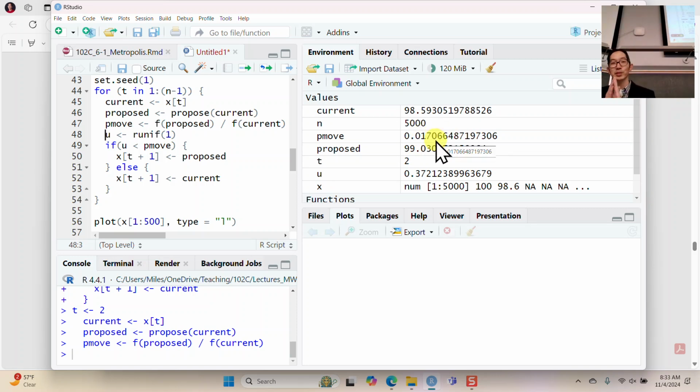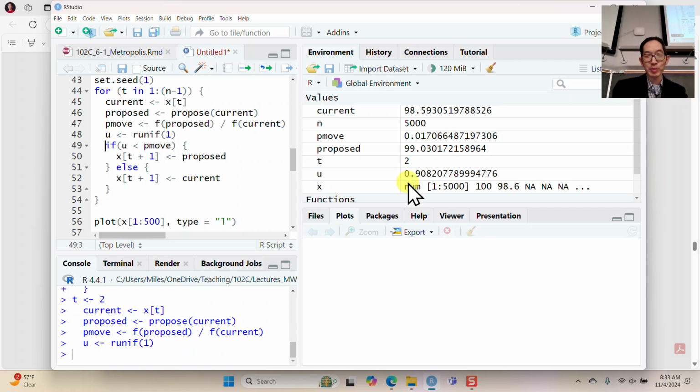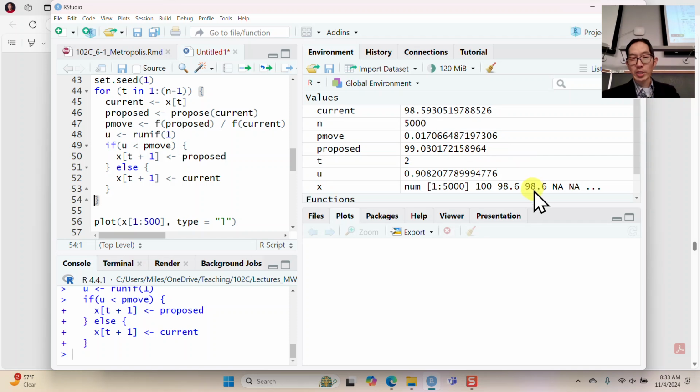So should I move further away from 15? It says probably not. It should happen less than 2% of the time. I generate a random u, which is 0.9, so I'm not going there. My next iteration stays at 98.6. I reuse the current value.